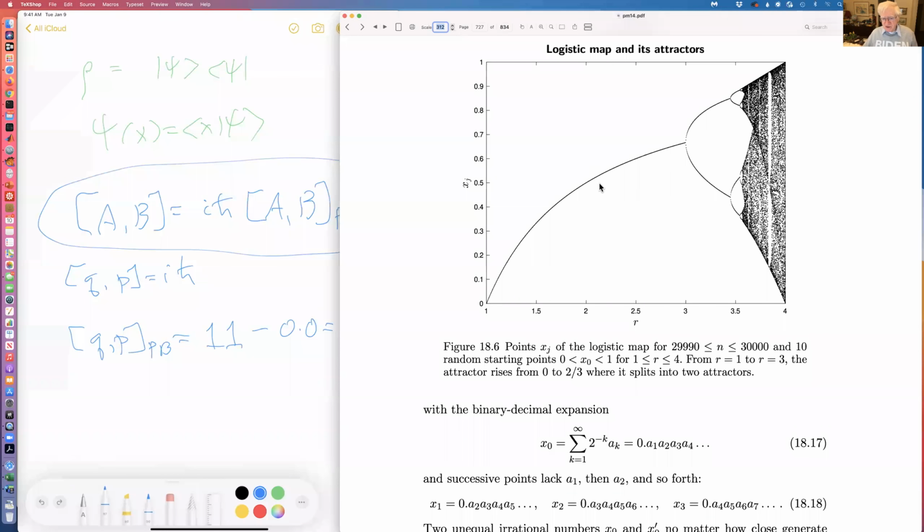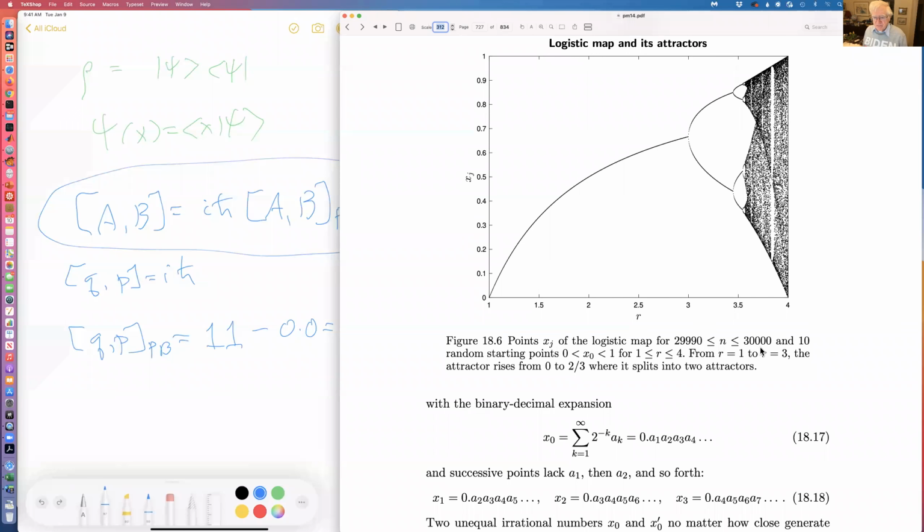And what one has is basically chaos there. So if you plot xj as a function of R, and then see what the attractors are, or rather what the points xj are, these are 10 random starting points and the last 10 of the first 30,000 iterations of the logistic map.